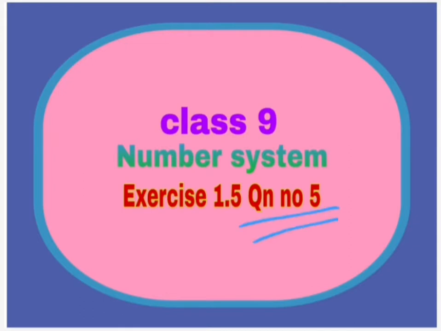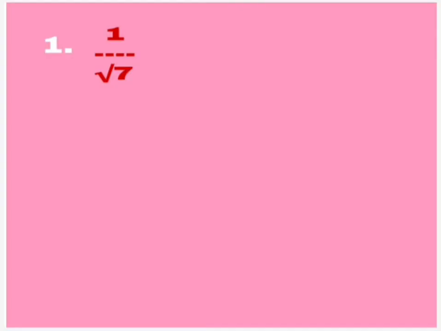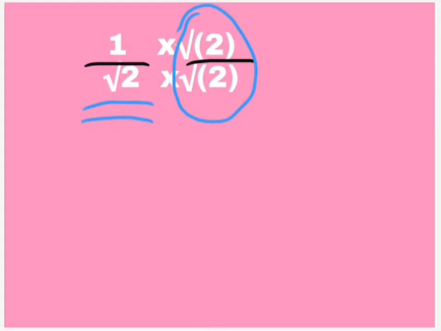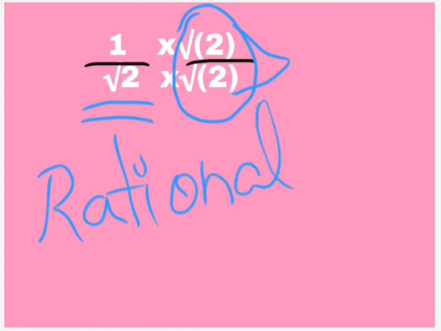Exercise 1.5, question number 5. In this you have 4 sub questions. Before solving this, let me tell you one more thing. The root number, or the number which you are multiplying here, is called the rationalizing factor of the given number.